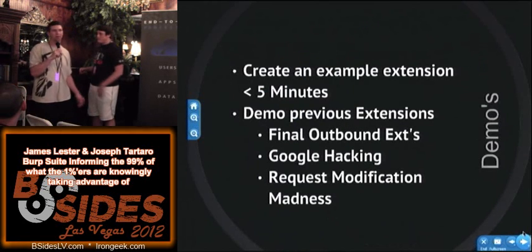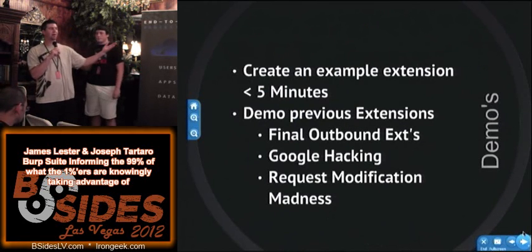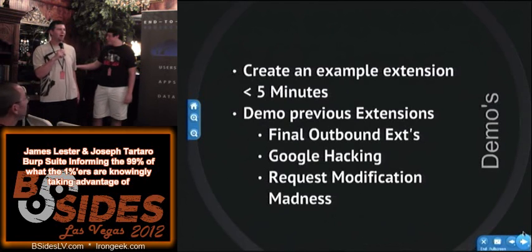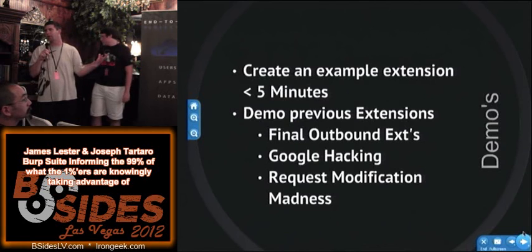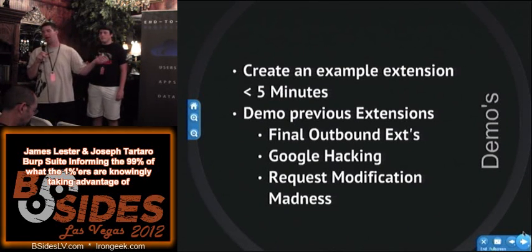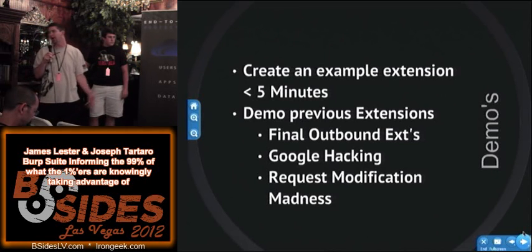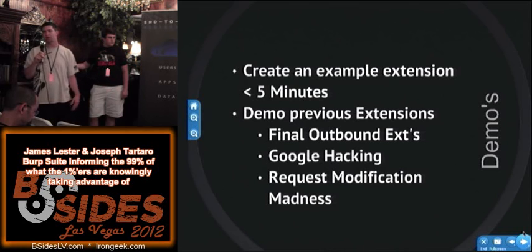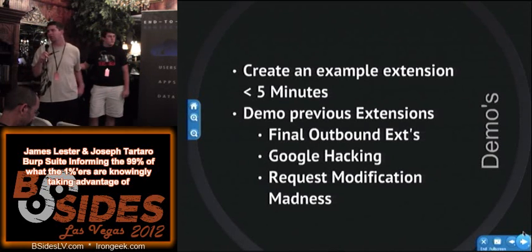So that kind of concludes the demos, where we at least tried to show you a sample, to demo some of the extensions, showing that you do have control over a final outbound extension. Little tiny things like being able to add items into Target through such things as calling a Google site, doing a little bit of Google indexing. You can even add words to it, like look for .back with a Google site, and it'll add those.